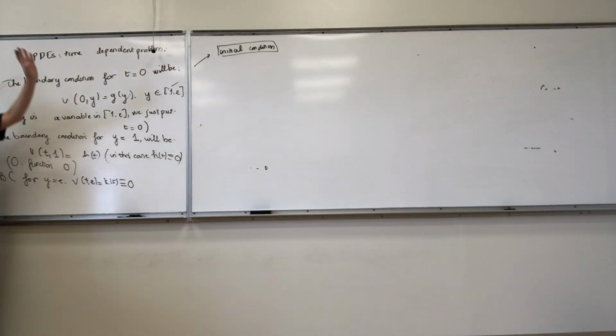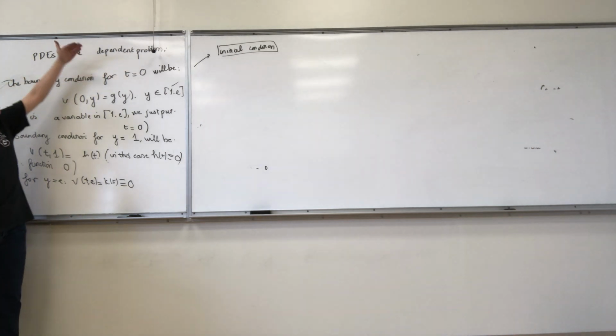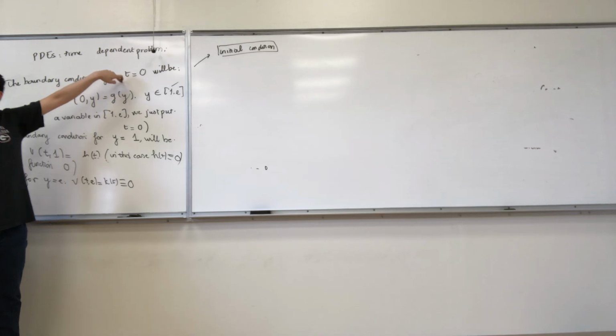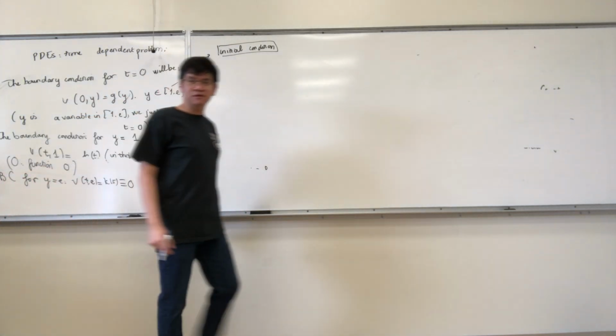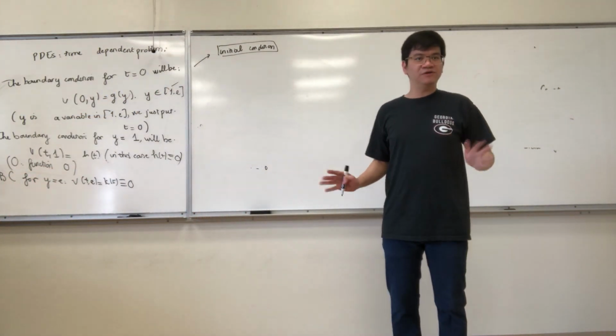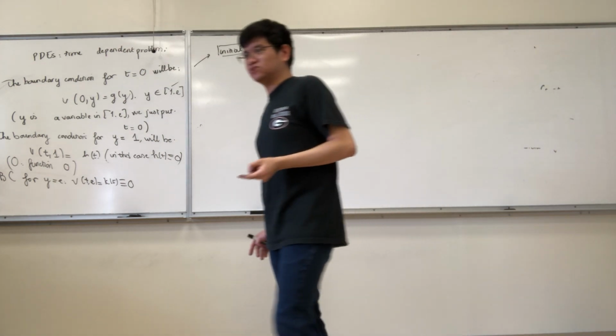If you have only 1 boundary condition for t going from 0 to infinity, this is called the initial condition. If you have 2, this is a boundary condition. But if you have 1, this is an initial condition.